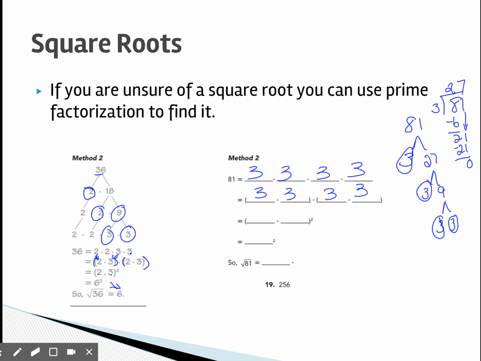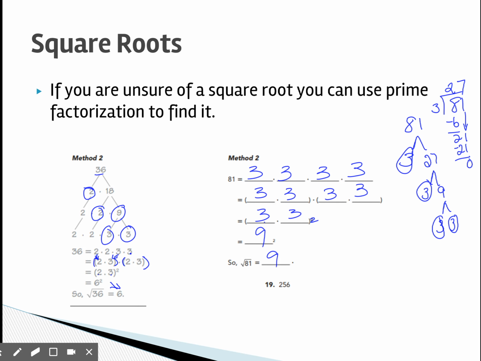I'm actually breaking this down and taking away the extra and using my exponent of 2 to show that that happens twice. 3 times 3 is 9. So 9 squared is 81. So the square root of 81 is 9.